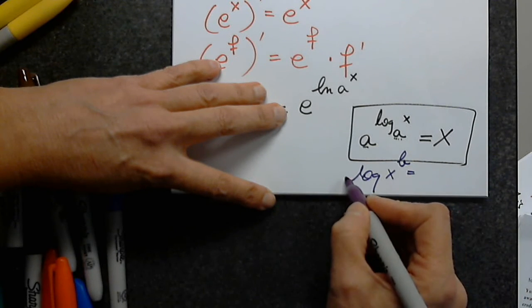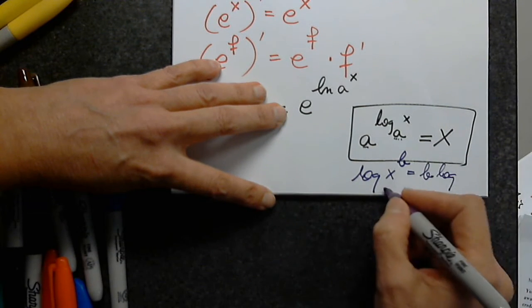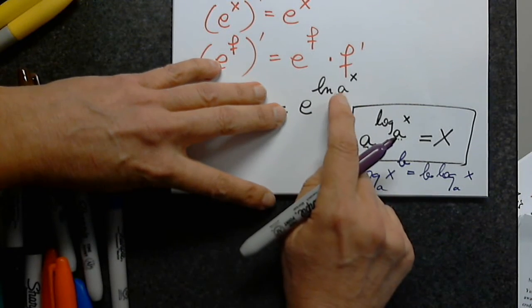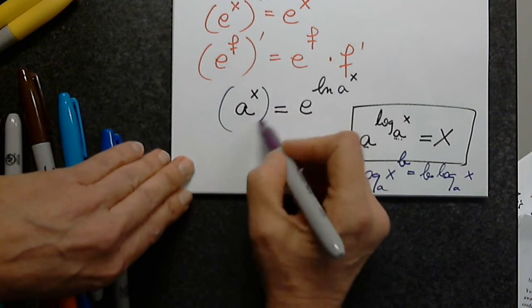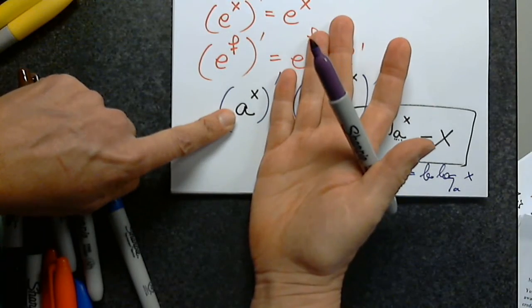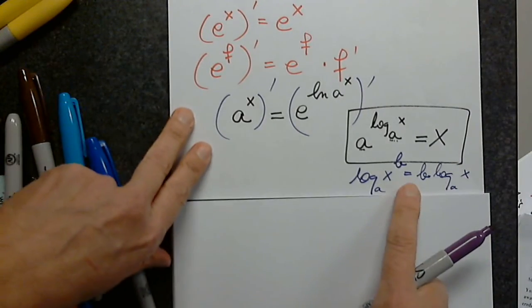The power goes in front as a factor. So this is b log in any base you want, let's say a, of x. So I am going to differentiate both sides in order to determine this. So let's differentiate, but after we apply this property here.